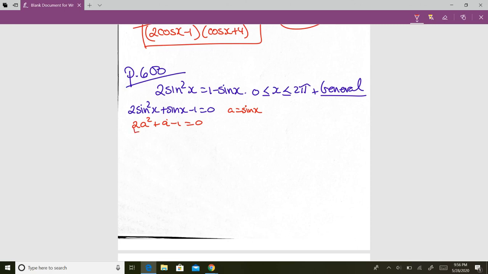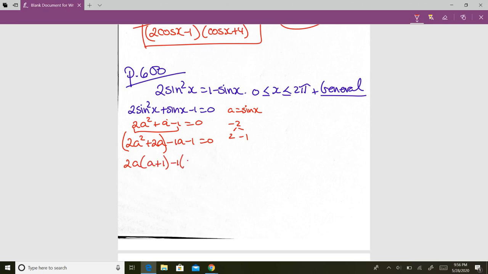Alright, remember, multiply first and last. So I get negative 2, and the numbers that multiply to negative 2 and add to 1 are 2 and negative 1. So this splits up into 2a squared plus 2a minus 1a minus 1 is equal to 0. Bracket the first two, I can take out the 2a, I get a plus 1.